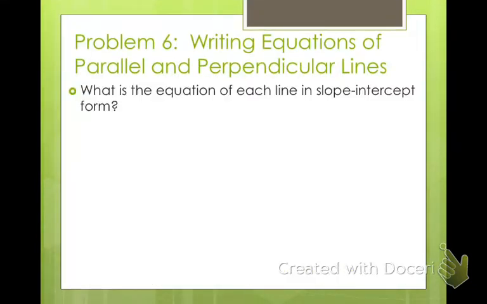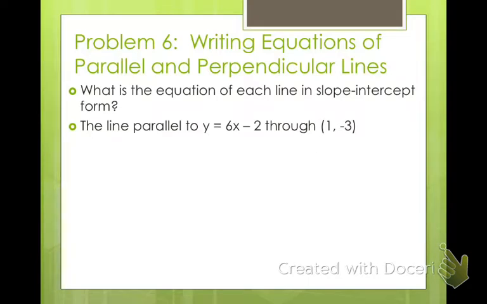So when we have parallel lines, write in slope-intercept form the line that's parallel to 6x minus 2 that goes through the point 1, negative 3. Now for this one, we have a point, but can we find what the slope is? Well, if it's a parallel line, what do we know about their slope? They're the same, so we can just steal the slope from this one and say that our slope is going to be 6.